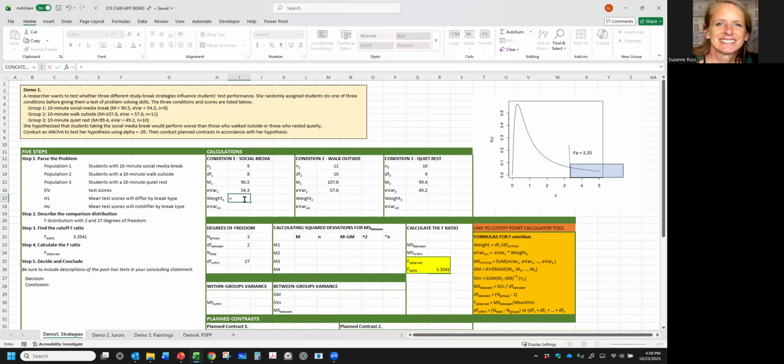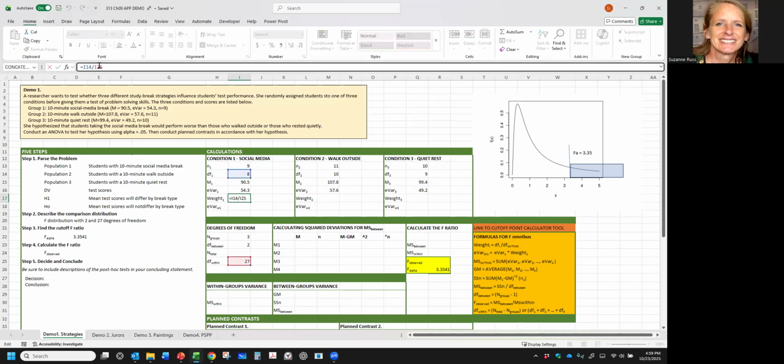So let's go ahead and get our df1 divided by df within. And so that says that about 29% of the scores are going to be in this condition 1. It's based strictly on the overall number in the sample.